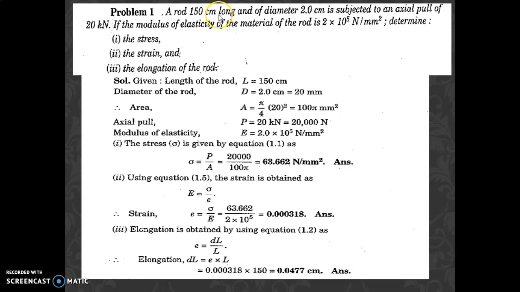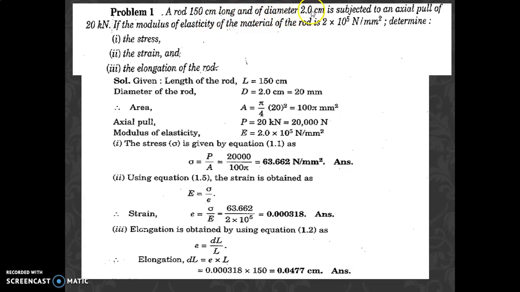Likewise here the rod is 150 cm long, that means the length is given, that is 150 cm. We will have to convert this 150 cm into millimeter. So 150 cm into millimeter becomes 1500 millimeter, because 1 centimeter is equal to 10 millimeter.